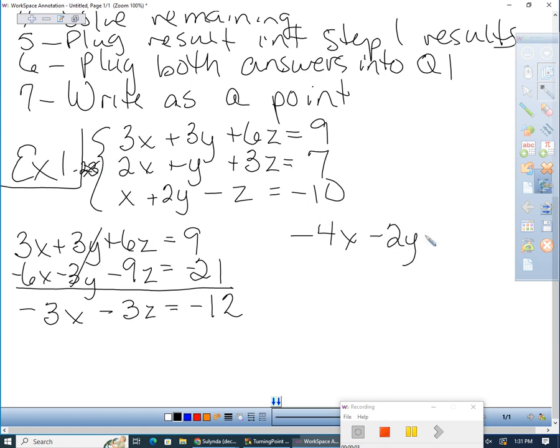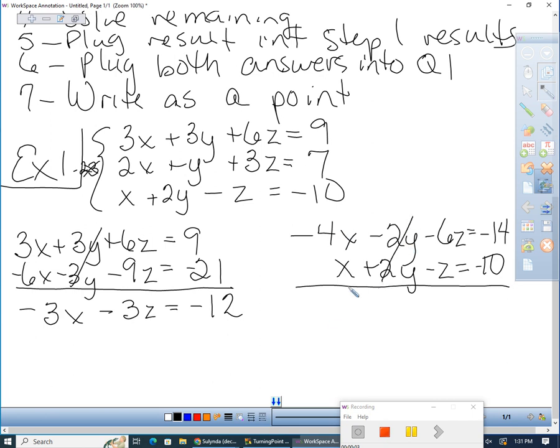Negative 2 times 3z is negative 6z. And negative 2 times 7 is negative 14. The bottom equation is going to stay the same. X plus 2y minus z equals negative 10. Adding these together, the y's drop out. I have negative 3x minus 7z equals negative 24.